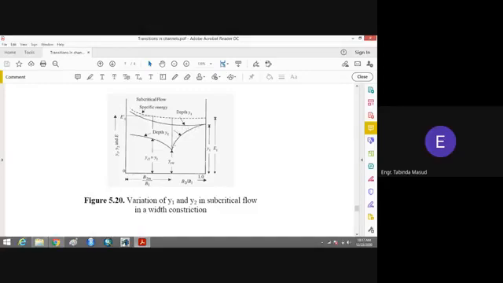It will decrease until it reaches this point where you have the critical depth of the flow.